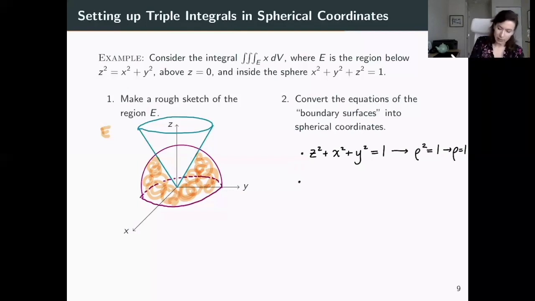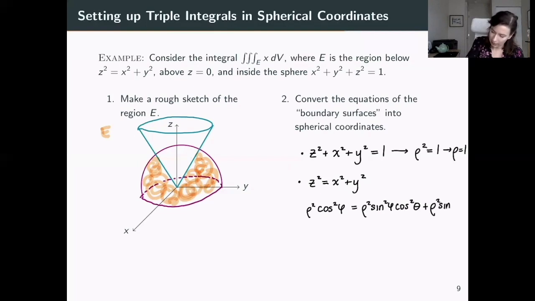The second boundary equation is that z squared is going to be equal to x squared plus y squared. We can switch this into spherical coordinates by noting that we'll get rho squared cos squared phi equal to rho squared sine squared phi cos squared theta plus rho squared sine squared phi sine squared theta.